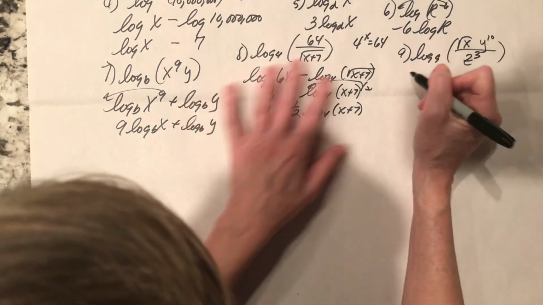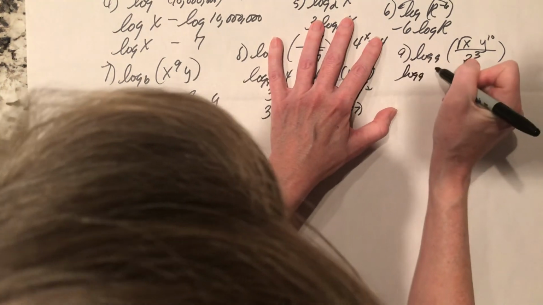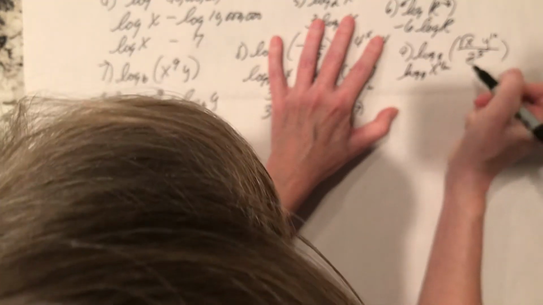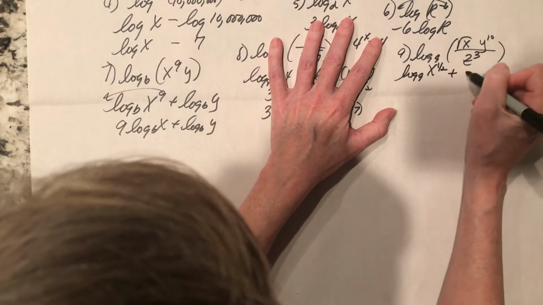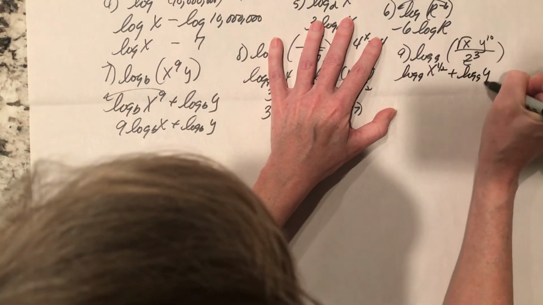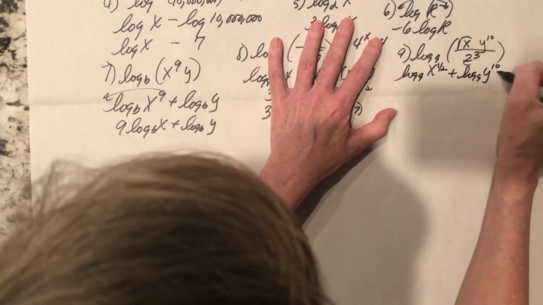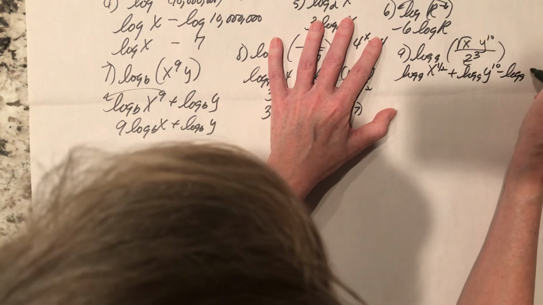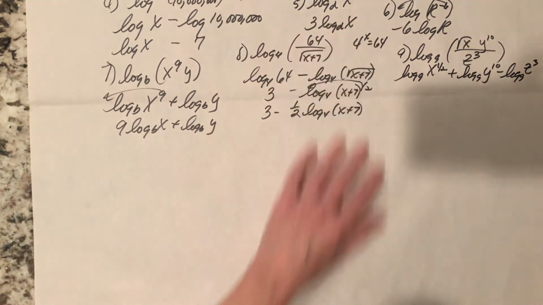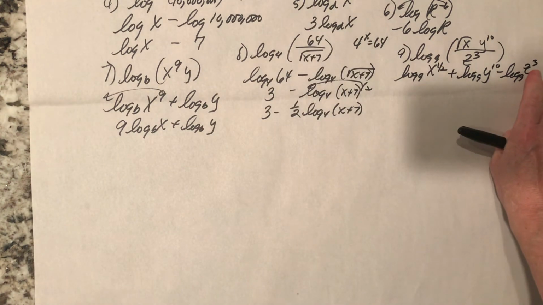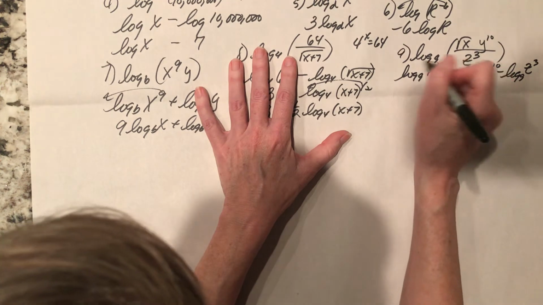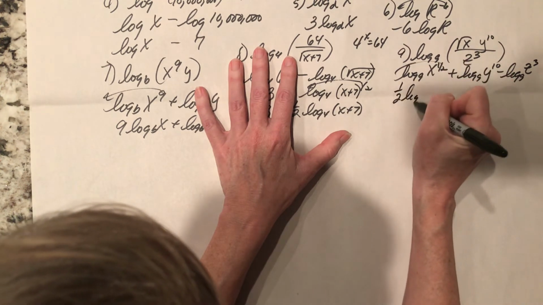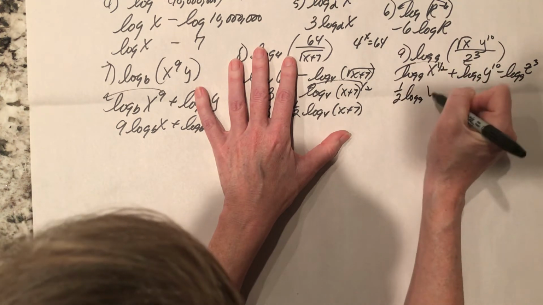So let's see what we got here. Log base g of x to the 1/2, because the square root of x is the same thing as x to the 1/2, plus log base g of y to the 10th, minus log base g of z to the 3rd power. Let's see, you got that in there? Good. Now, sling the powers out in front. So 1/2 times log base g of x.